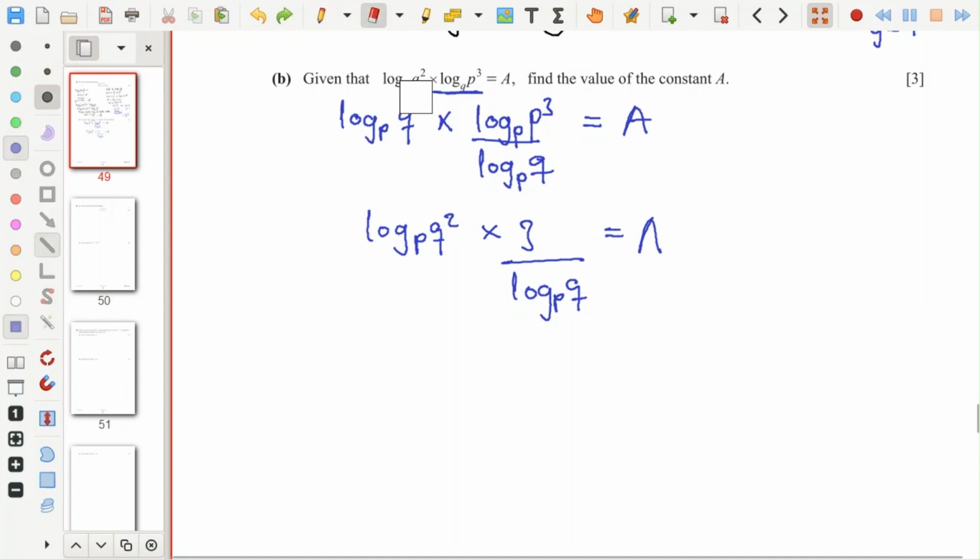So let me do that. So my two friends here will cancel out. They are the same, will cancel out. So this will give me A is equal to 6 for 3 points.